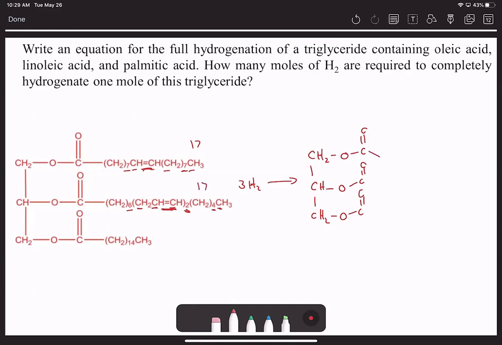Because I removed these double bonds, I can simply write these as CH2.